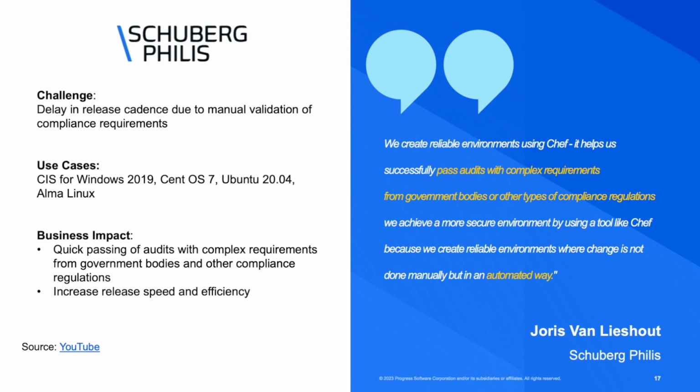With their shift-left approach, meaning a security-first approach, they quickly identify and fix security issues, which in turn increases the speed and efficiency of their release cycle. All right, this is the customer story of Shubhak Phillips.